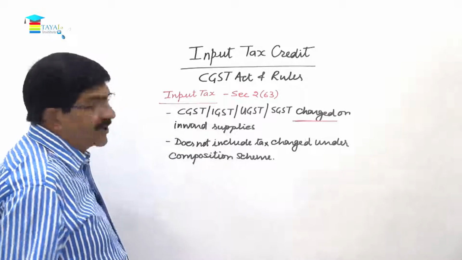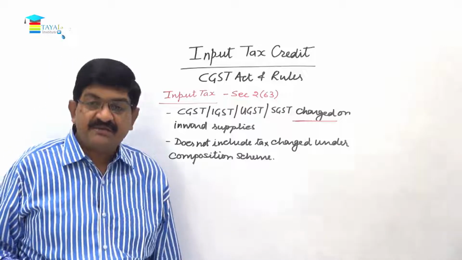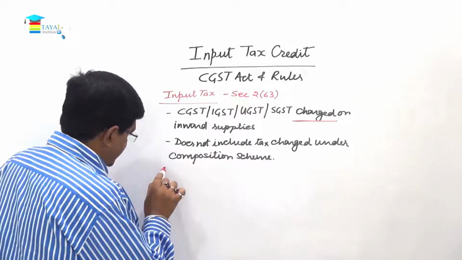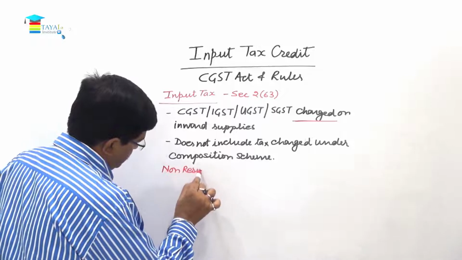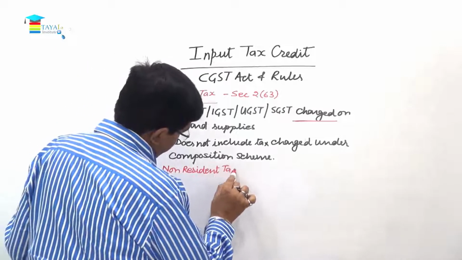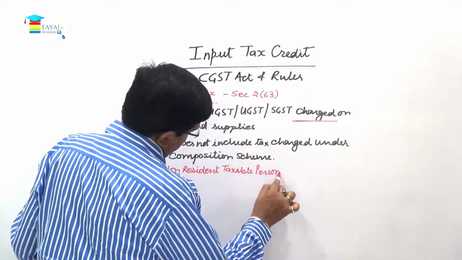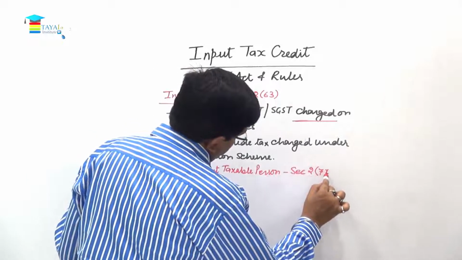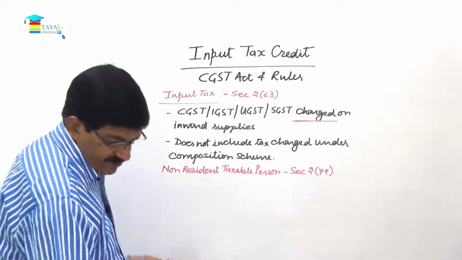Now we have another important definition that says non-resident taxable person, and that is covered under section 2 subsection 77. Non-resident taxable person. This is section 2 subsection 77. So who is the non-resident taxable person?